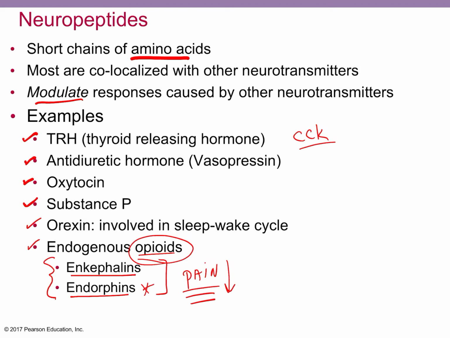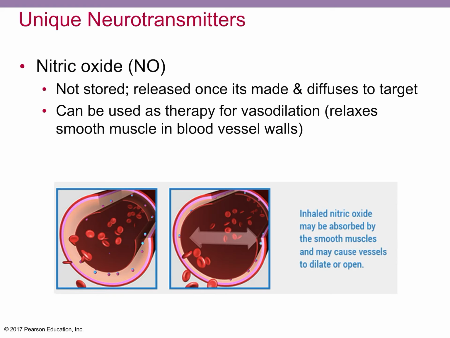But the secondary effect is that they do produce a high and they make you feel good, and that's why they're super, super addictive. So anyways, this is just a note that we do have this endogenous opioid system. The opioids that we make fall into these two categories. And the opioids that you take for drugs like morphine, for example, will act on these same pathways.